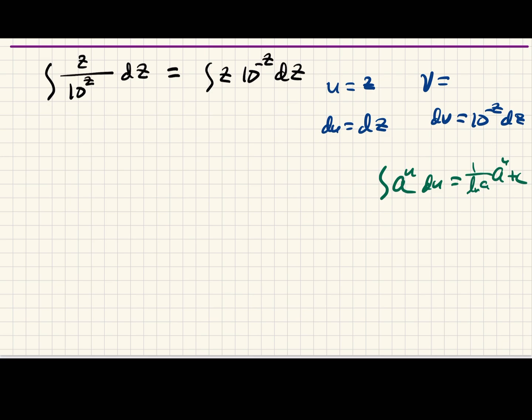So now we know what v is, right? So v, now let's see, that's a minus though. So I've got that to deal with. So that's going to be minus 1 over natural log 10 to the minus z.